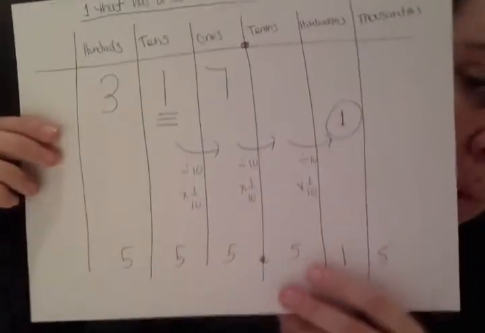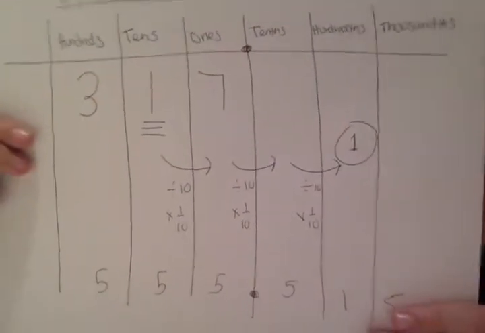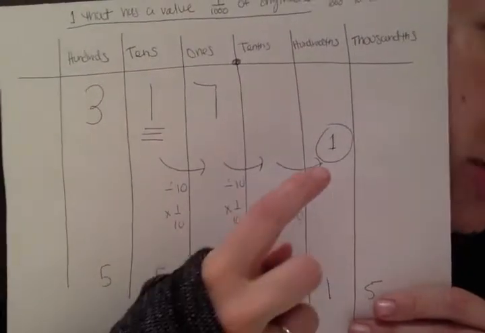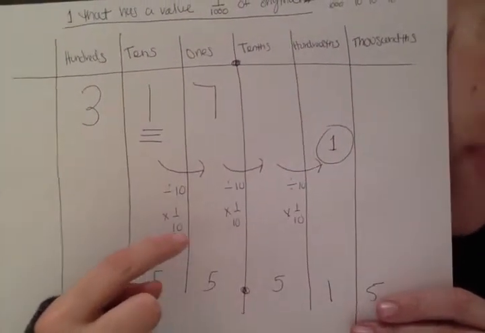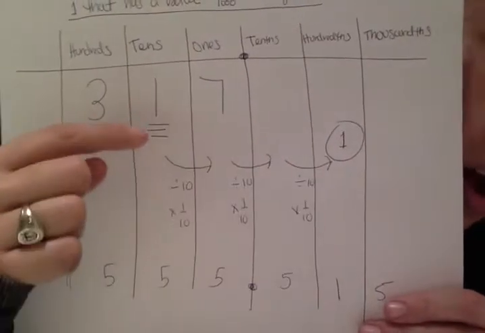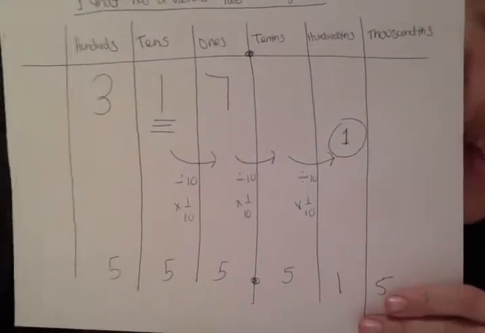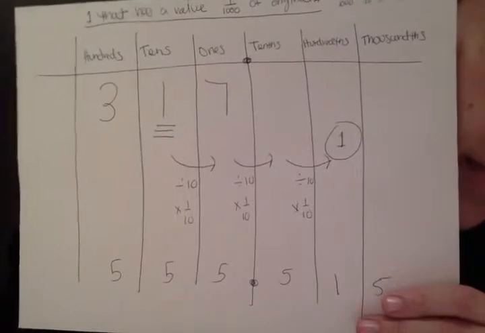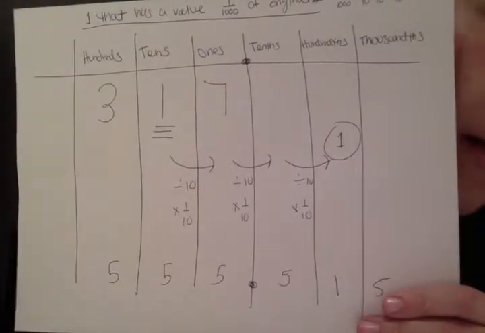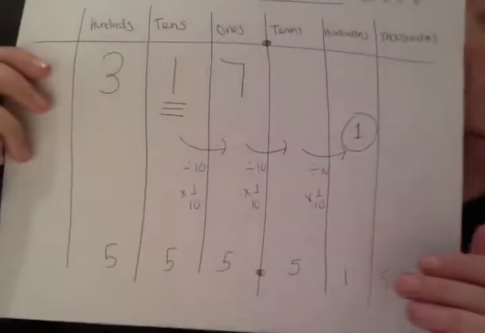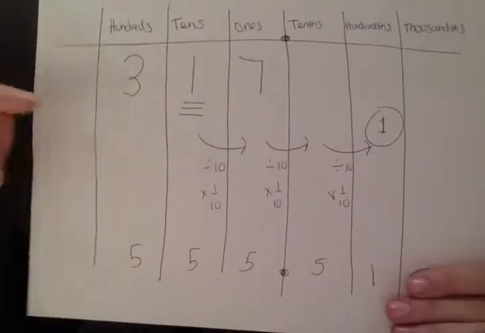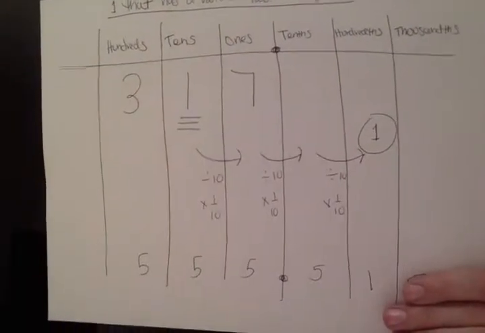Let's do it the opposite way. The 1 in the hundredths place is 1/1000th of the 1 in the tens place. It is 1/1000th the value of the 1 in the tens place.